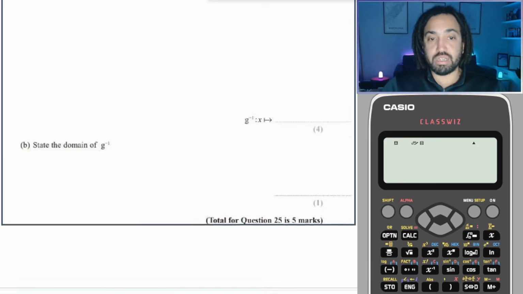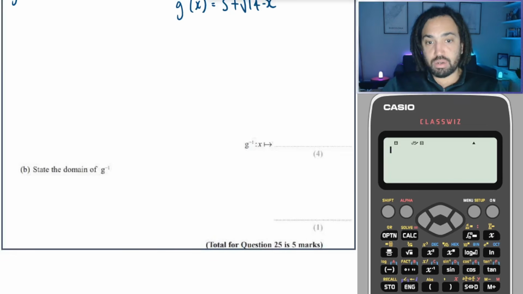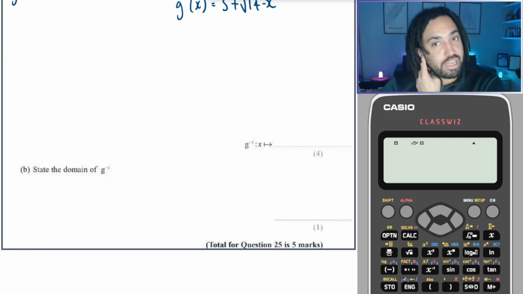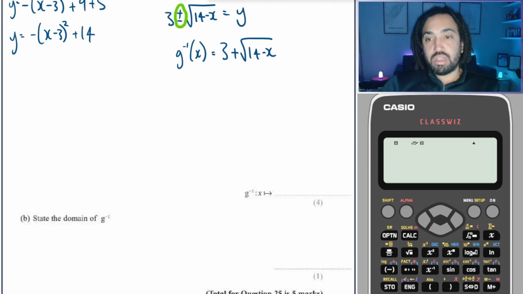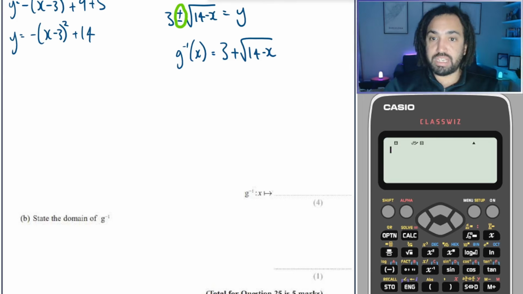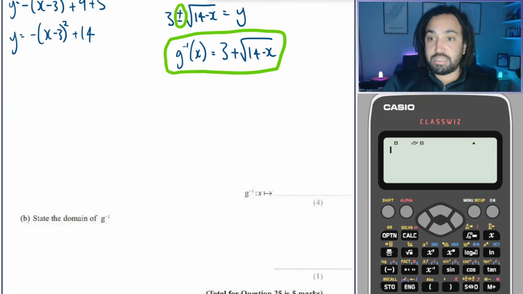Okay, state the domain of g of x. Well, the domain of g of x is all of the numbers which we can put into this function. And we know that we can't square root a negative.